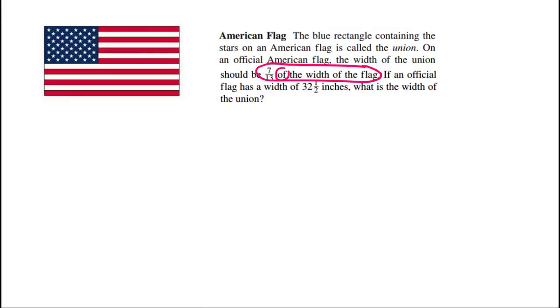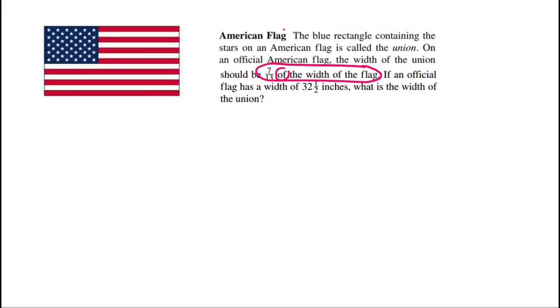All right, so again here the key part is 7/13 of the width of the flag. So in this case, "of" is referring to being multiplied.